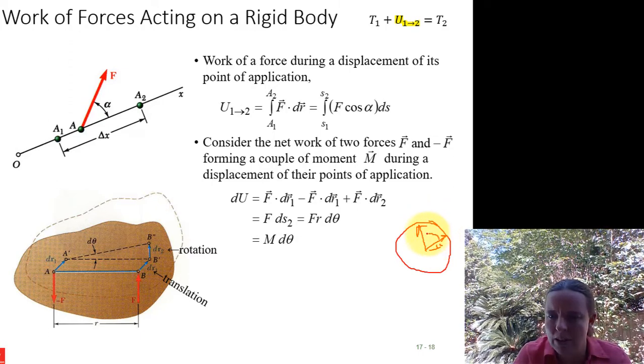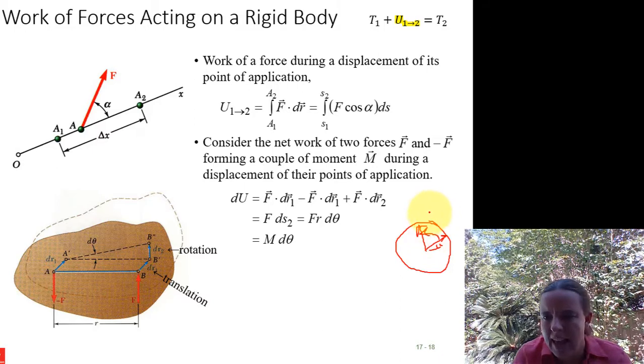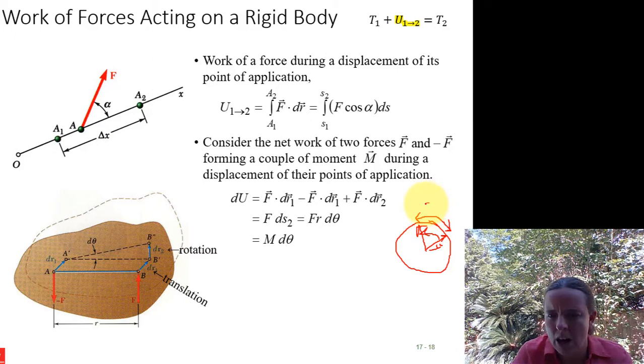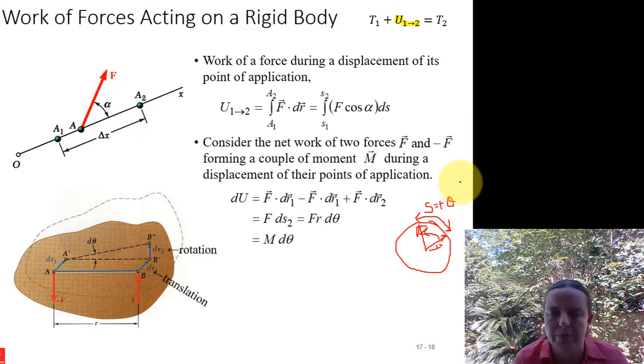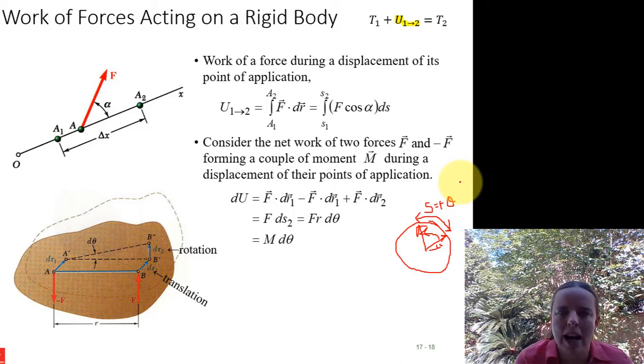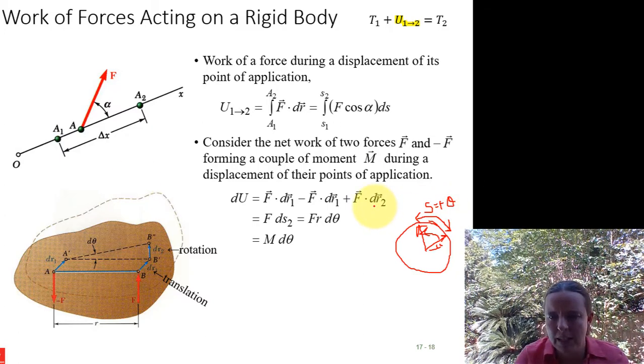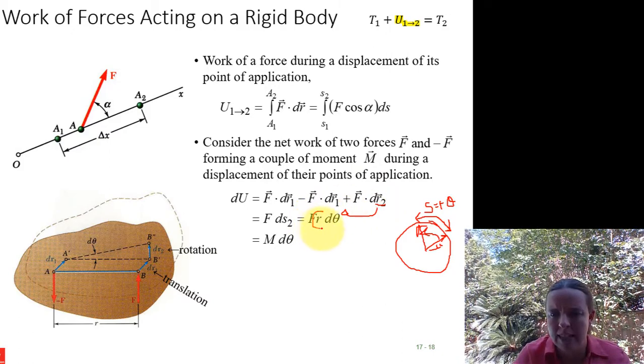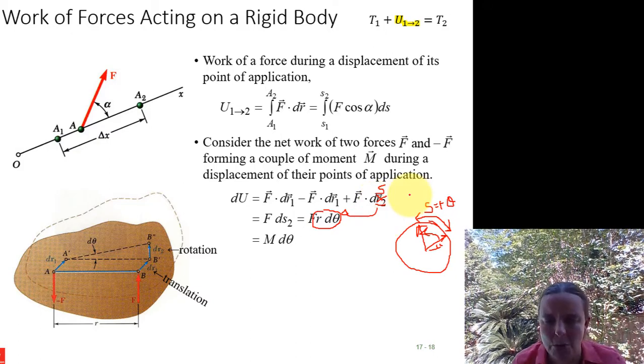So I've changed what angle I am at, and the distance that has traveled here, usually they give the arc length the symbol of S. That's going to be equal to my radius times theta. This is for a constant radius problem. So instead of circumference equals 2 pi r, I have arc length is equal to radius times theta. So this little displacement here of r is going to turn into r d theta, both of those things. So this should be an S instead of an R. That's kind of confusing nomenclature.